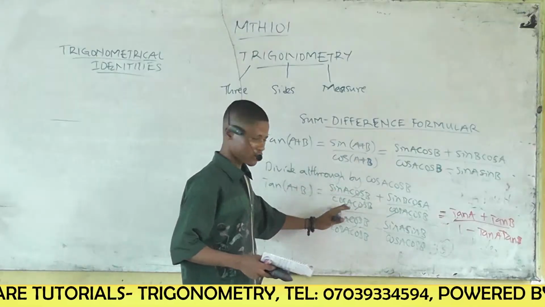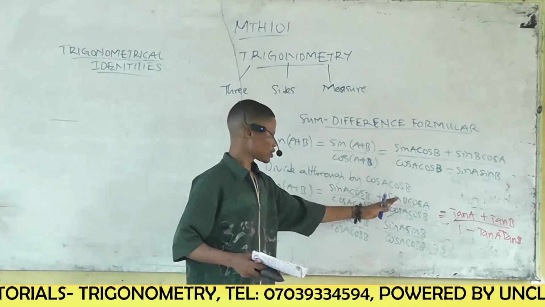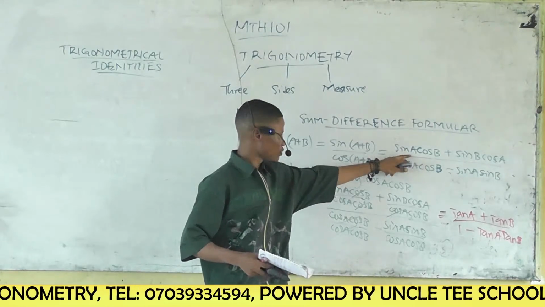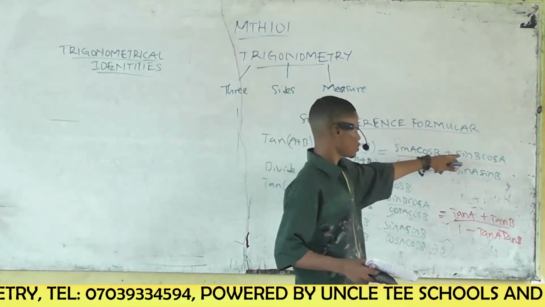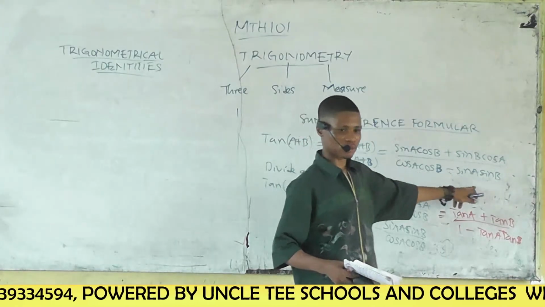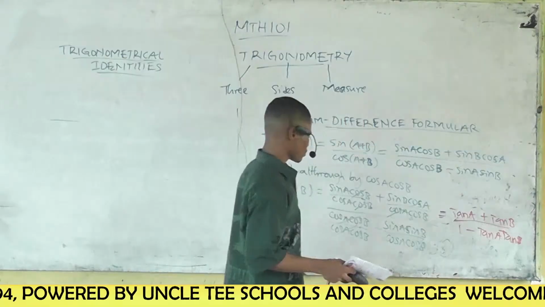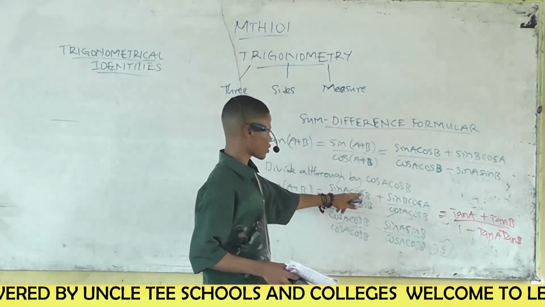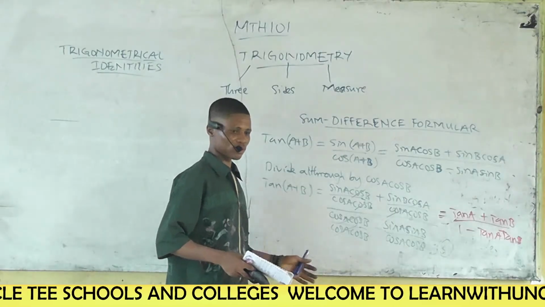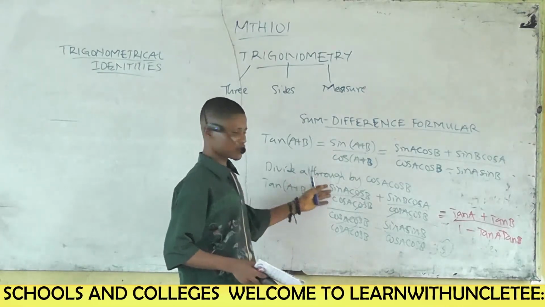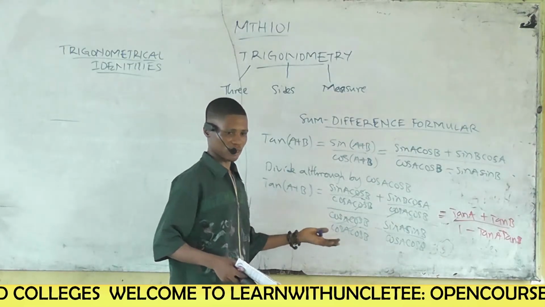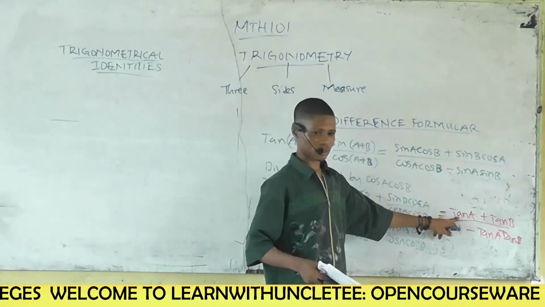So you divide this one by cos A cos B, this one by cos A cos B, this one, and this one also. So you notice that cos B, they are the same. They cancel each other to give you 1. 1 times sine A over cos A is what? Tan A. That's why I got tan A here.